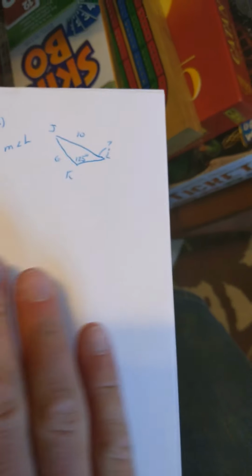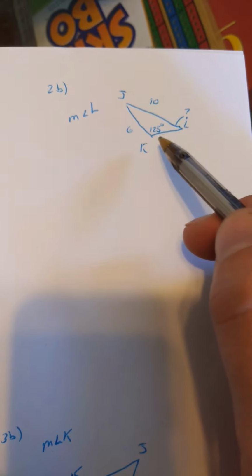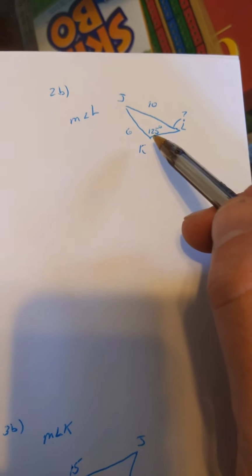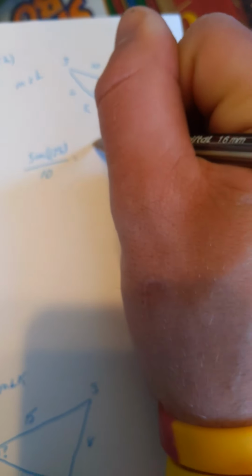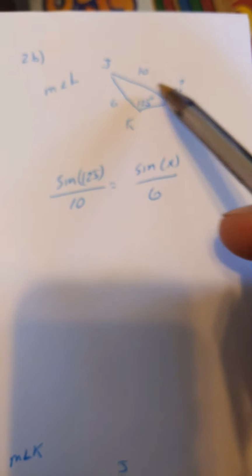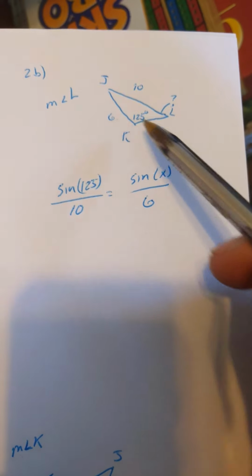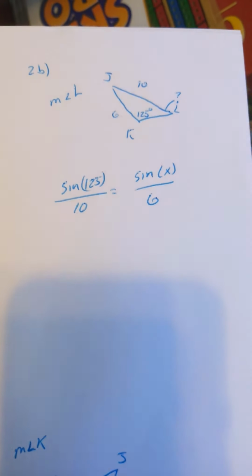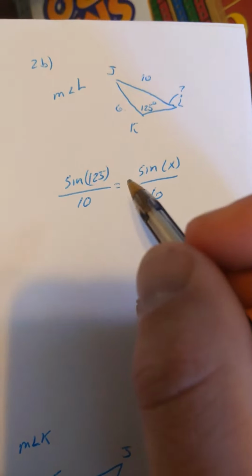Now, how about an angle? Again, we are given two side lengths and a non-included angle. The reason this works is because we have to have one ratio set up. So sine of 125 divided by 10 equals the sine of our unknown divided by 6. It's 6 because it's the opposite side. Sine of this angle divided by the opposite, sine of this angle divided by the opposite. That's how you always set up your ratios. We cross multiply and divide.